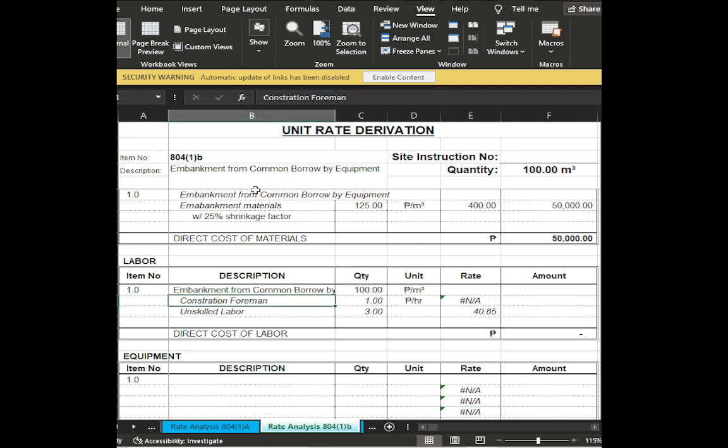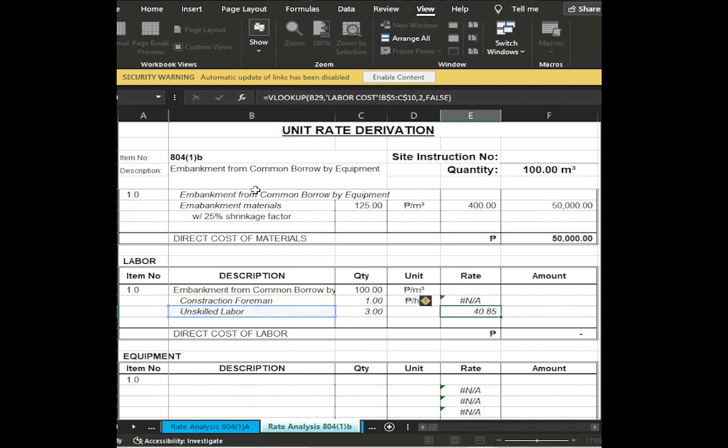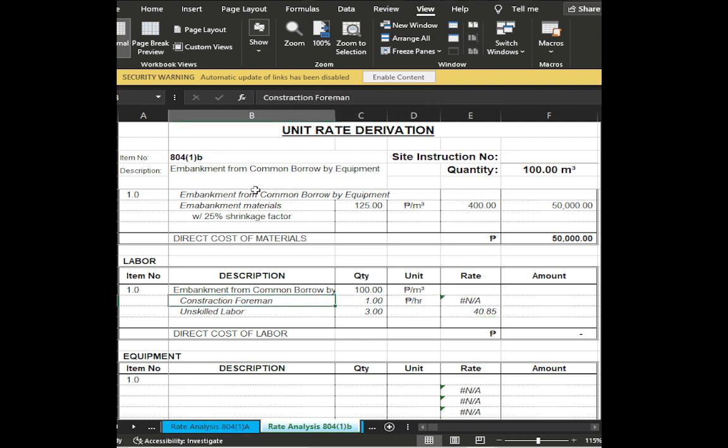It's not getting that one. Did I make a mistake here? Construction foreman. I need a C. Sorry guys, the spelling.